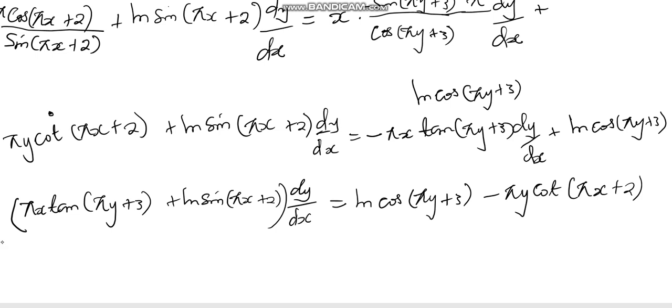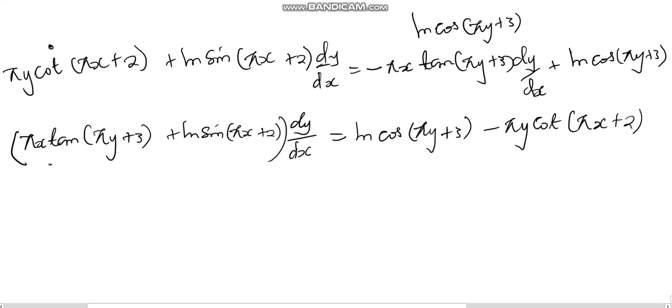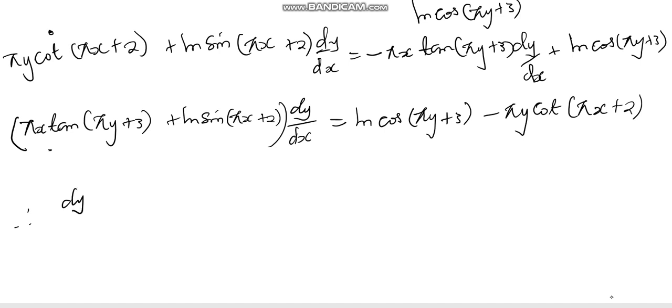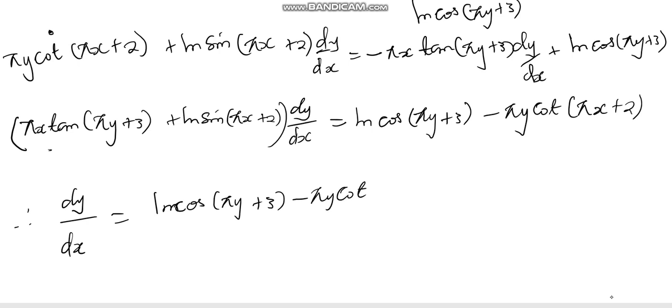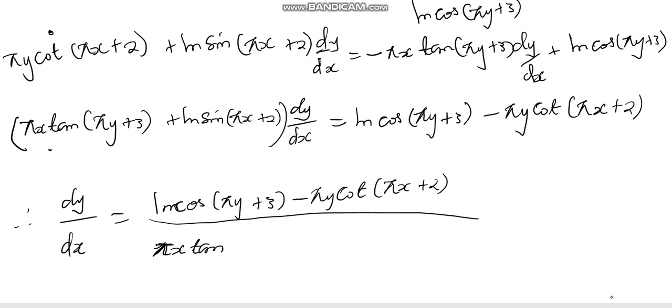So now we divide both sides by these two terms, and we're simply going to have our dy/dx. Therefore dy/dx will be equal to ln(cos(πy + 3)) minus πy cot(πx + 2), divided by this term that we have here, which is πx tan(πy + 3) plus ln(sin(πx + 2)).